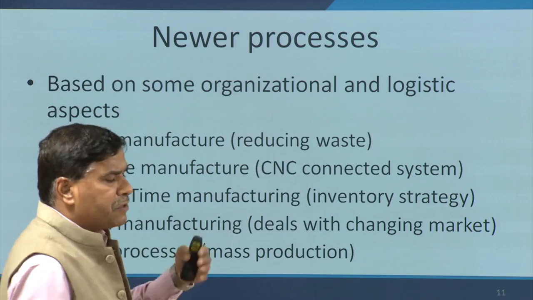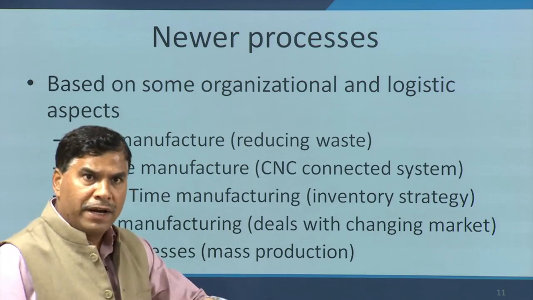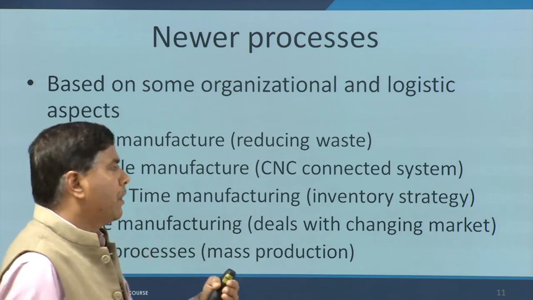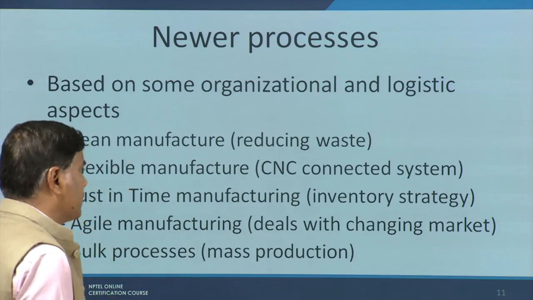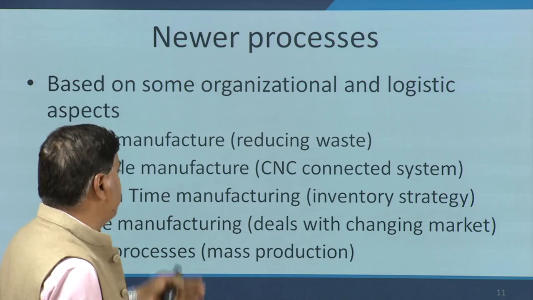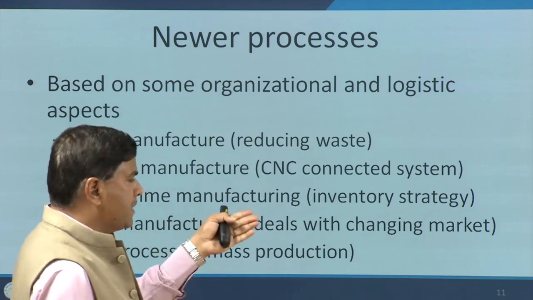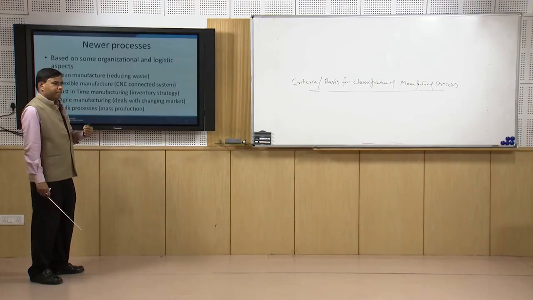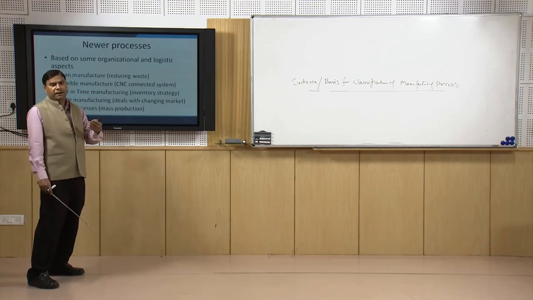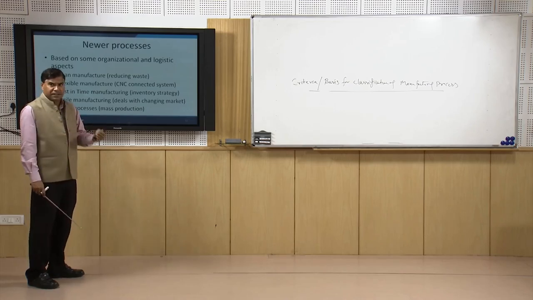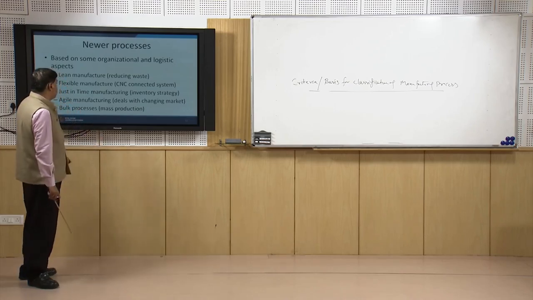It can be used for manufacturing a variety of products in a smaller volume to satisfy the demand for customized products. Just in time manufacturing is an inventory strategy, which helps to reduce the strain on storage, and helps to have something whenever it is needed for the purpose of manufacturing.